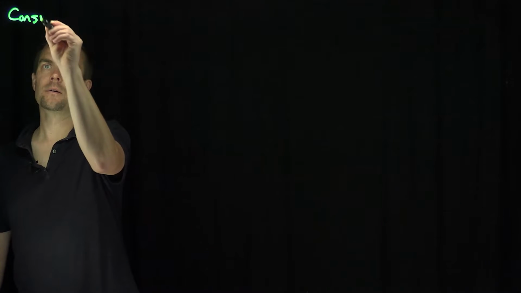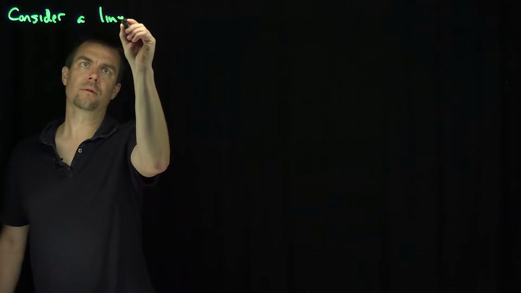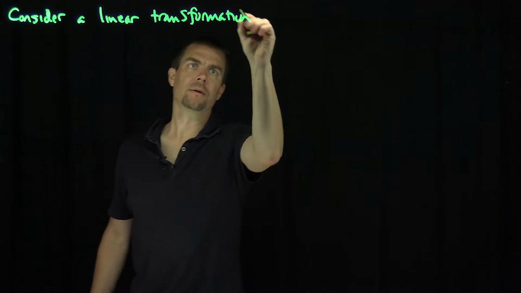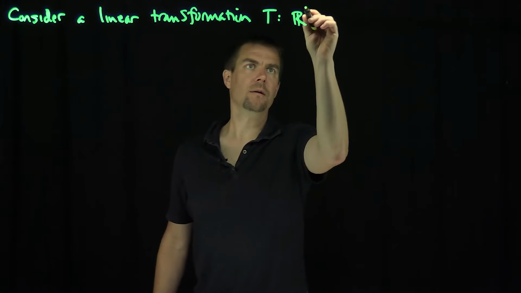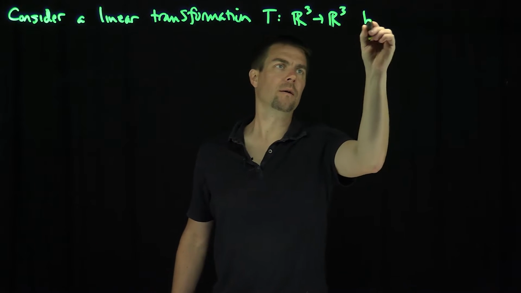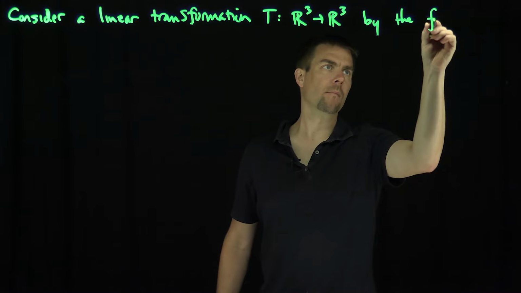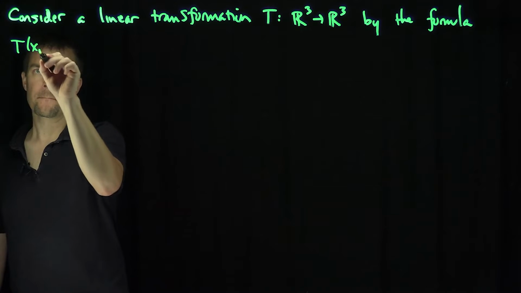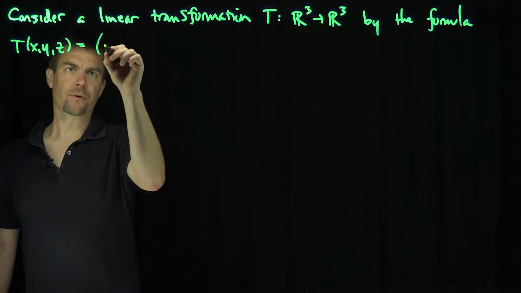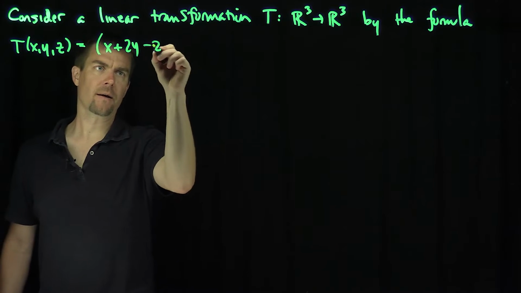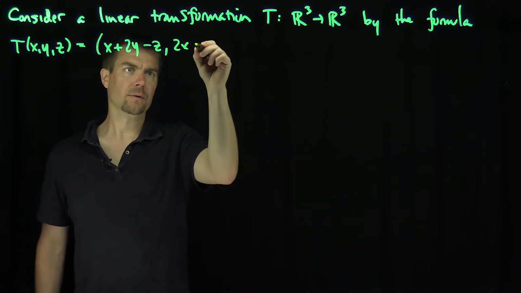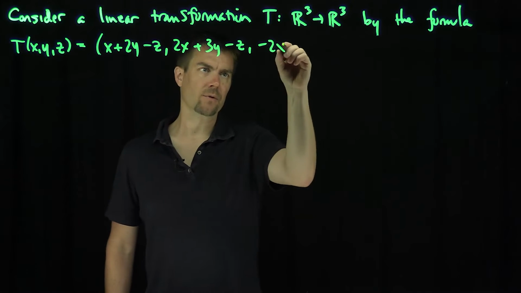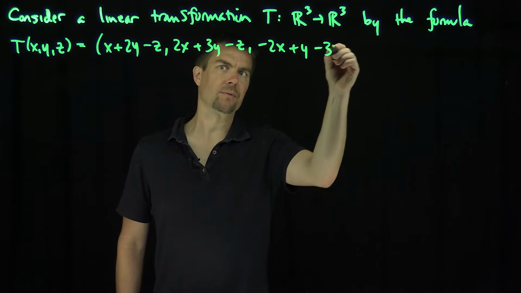Let's consider a linear transformation T, which maps R3 into R3 by the formula T of (x, y, z) is equal to (x + 2y - z, 2x + 3y - z, -2x + y - 3z). Okay?